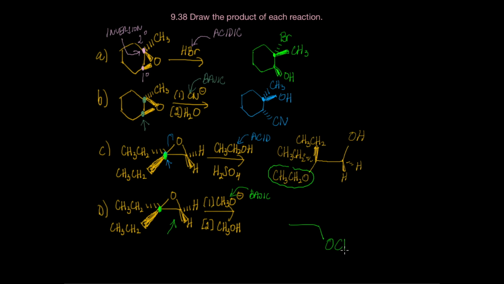Your OCH3 is going to be down here from the opposite face, and we have our two hydrogens here. Attached to this carbon here, we have the OH that used to be the oxygen from the epoxide, and we have our two ethyl groups over here.